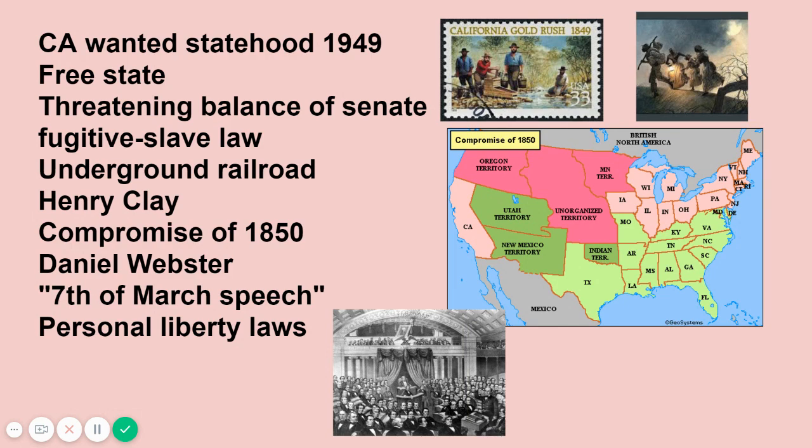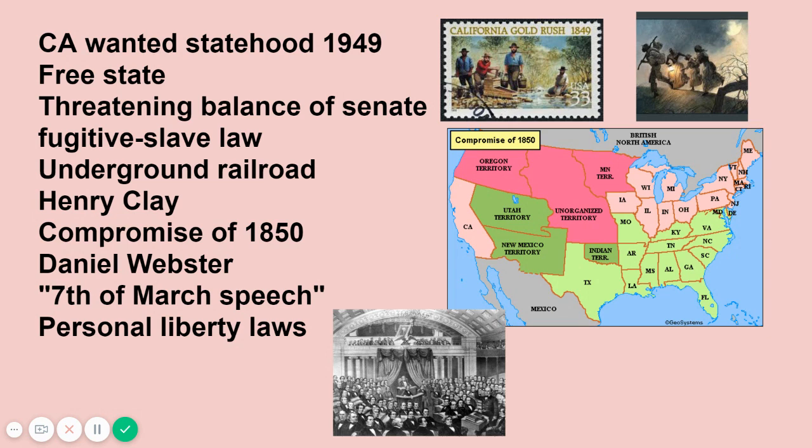And to some degree, the North had to help them. But the South thought that the law was weak, that the North was not helping them. Instead, the South was very upset at the Underground Railroad that we talked about, all of these efforts to undermine slavery by Northern states.